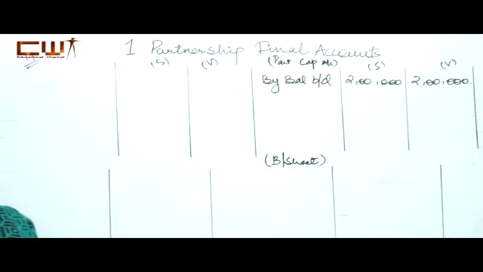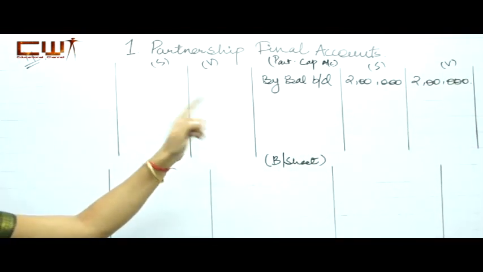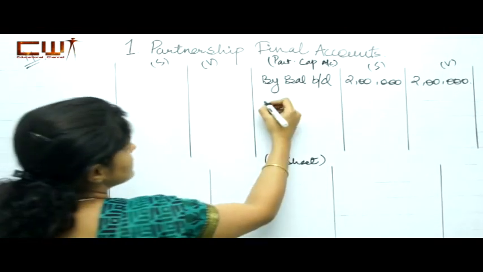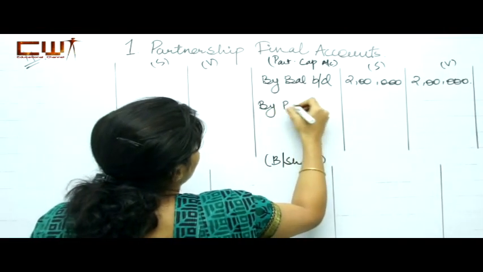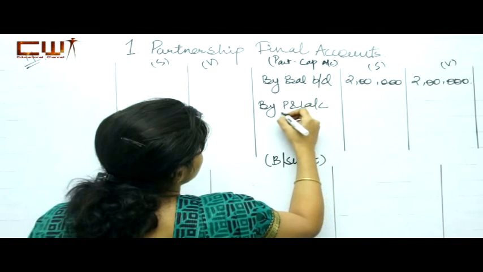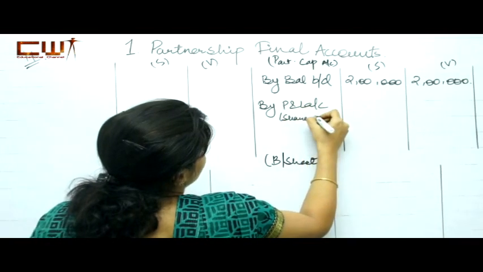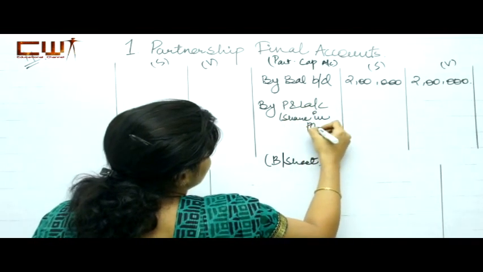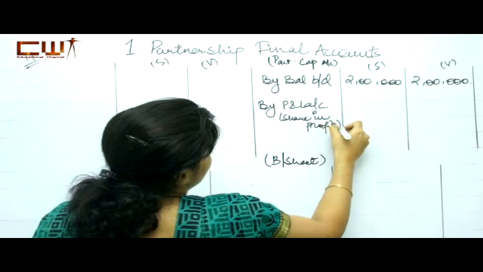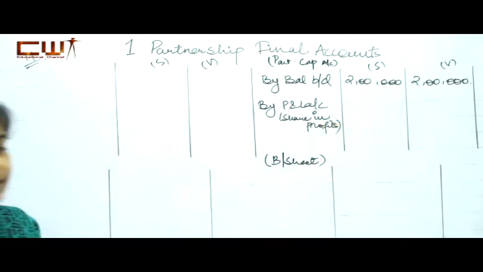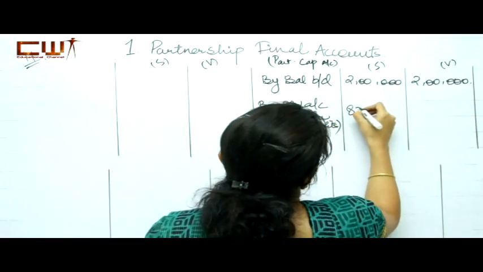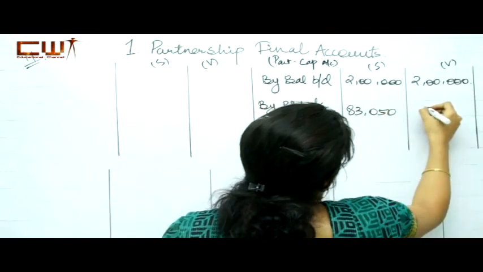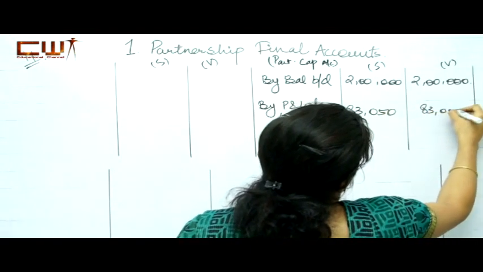What next? P&L account. Profit is increasing the capitals, so you will write it on this side. By P&L account, that is your share in profits, right? How much profit did they earn? 83,050 each. Right?